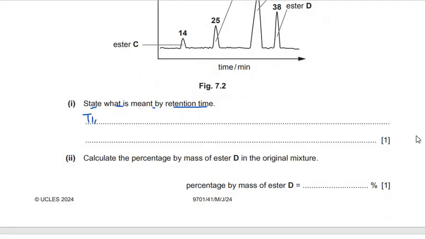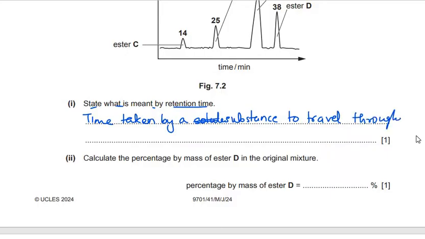It's the time taken by a substance to travel through the column in a chromatography before it gets detected.